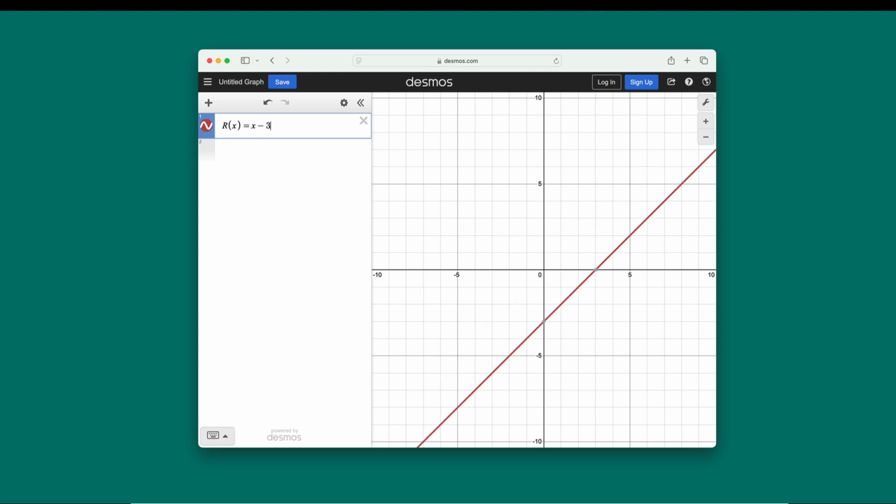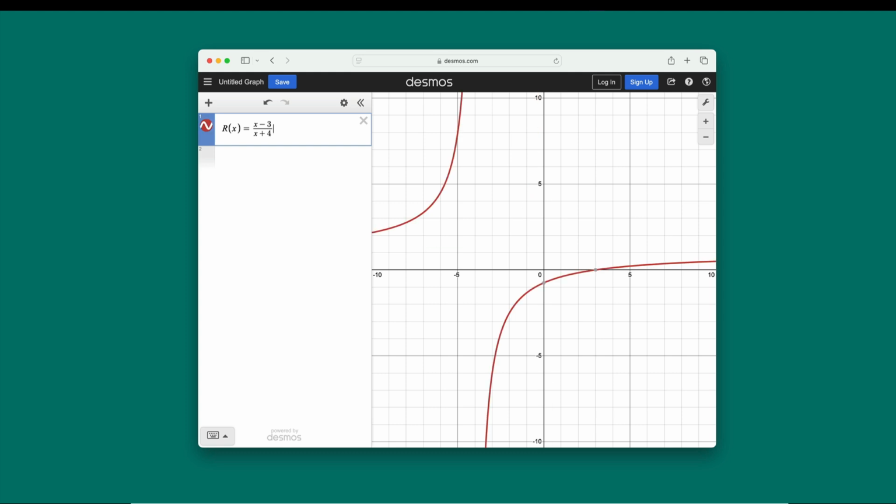Oops. X minus 3. And I think I'll put a fraction first. X minus 3 all over x plus 4 and then minus the second fraction of x plus 2 all over x minus 5. All right, so there is our rational function graph.